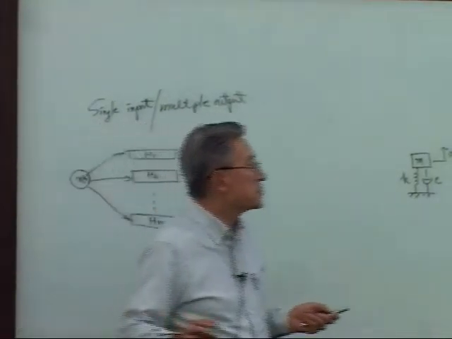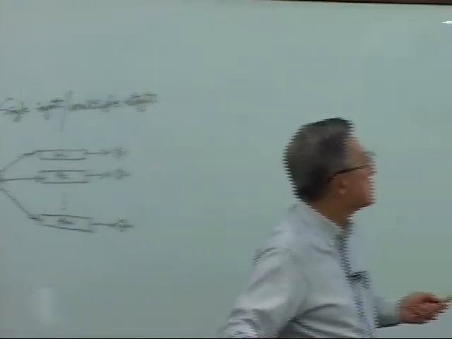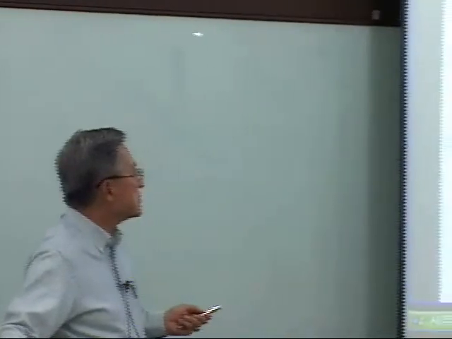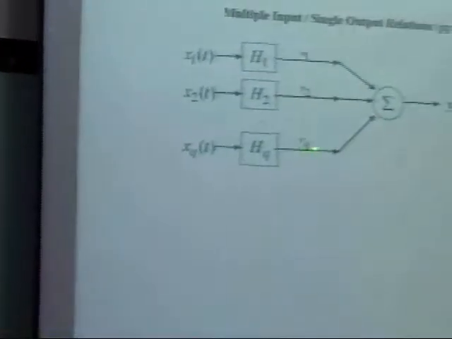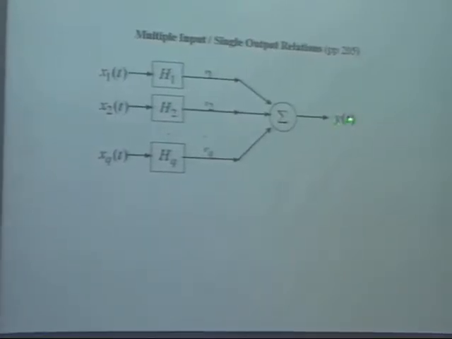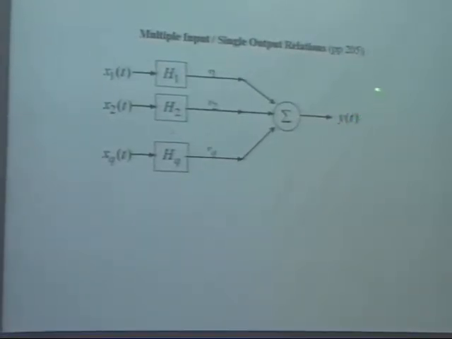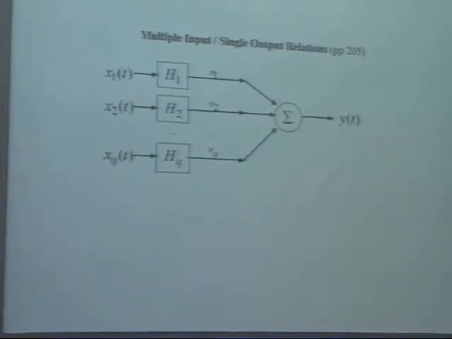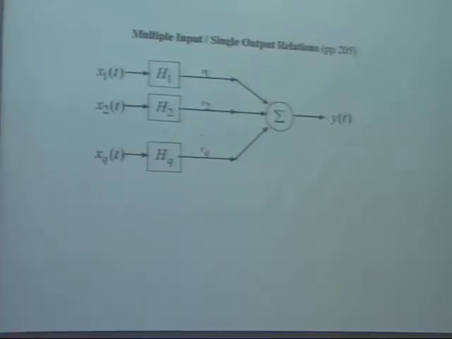This is v1, v2, vq, pickup station, and y, output, okay? If you look, this is one case, another case, a whole bunch of single input, single output, no difference whatsoever.